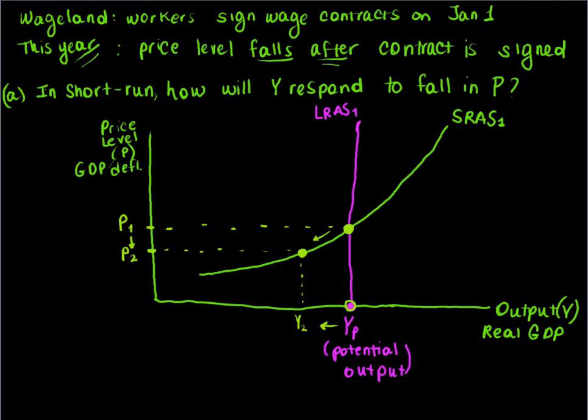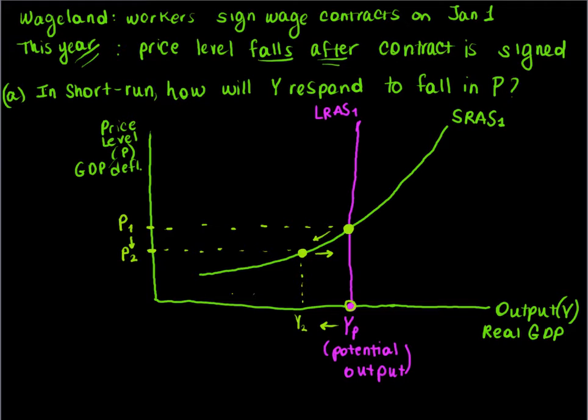Now, there has been no change in the price level, so we're not moving along the short-run aggregate supply curve. Instead, the short-run aggregate supply curve is going to shift to the right, until we get to a point in production where we are producing our potential output again.